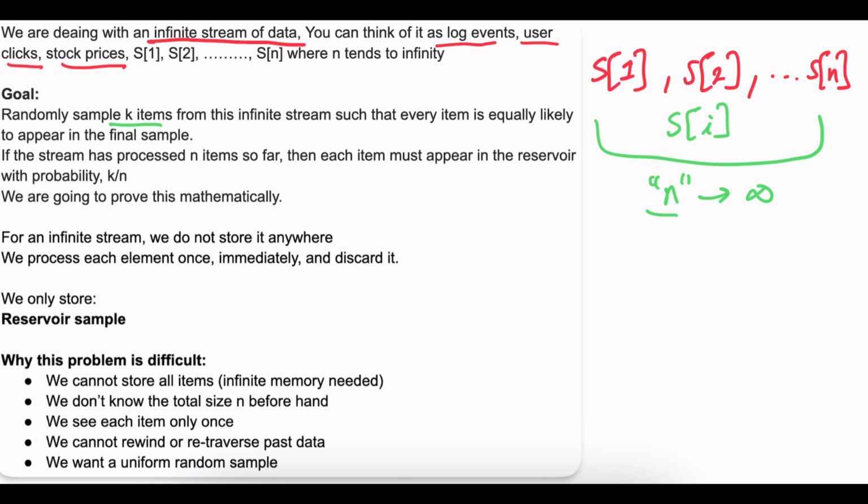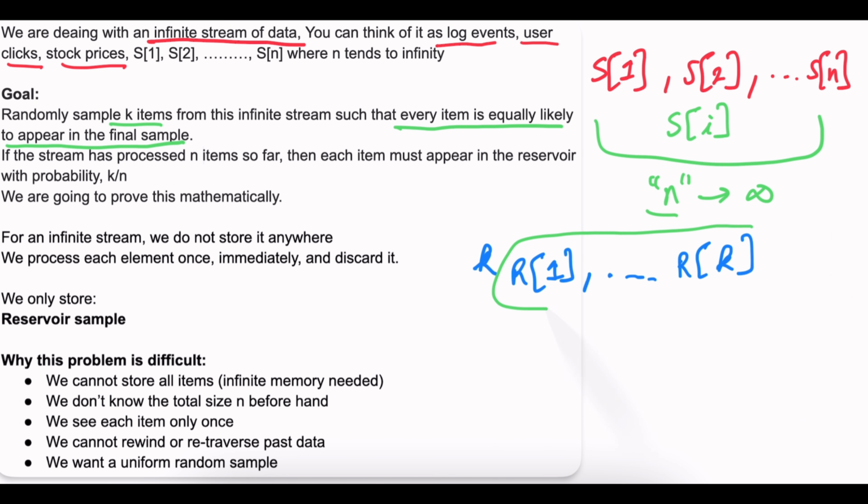So we have to sample k items from these n items such that each item is equally likely to appear in the final sample. So in our final sample, we have some k items, and let me call these R1 all the way till Rk. And we only have the memory to store these sampled k items, and we don't have memory to store these items.